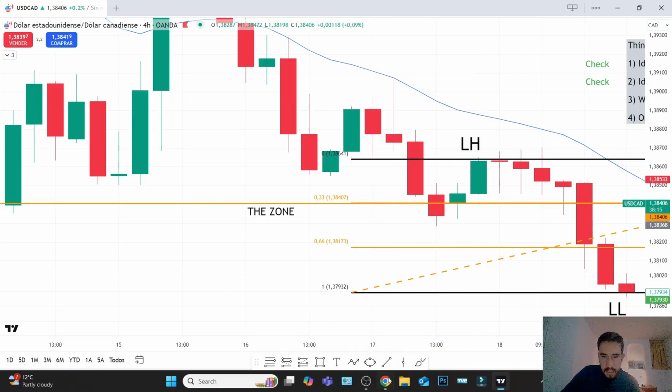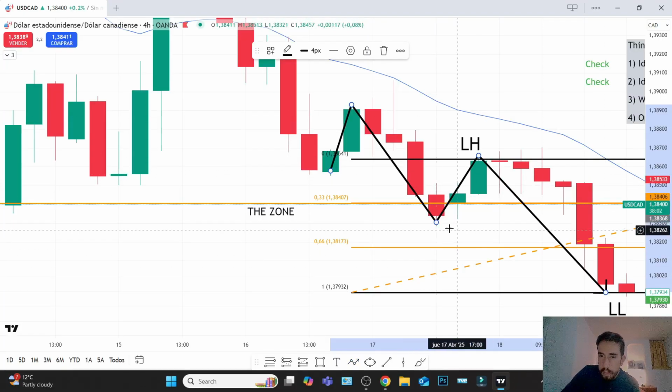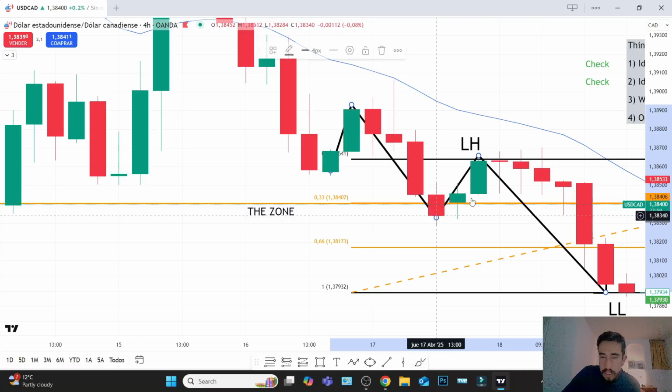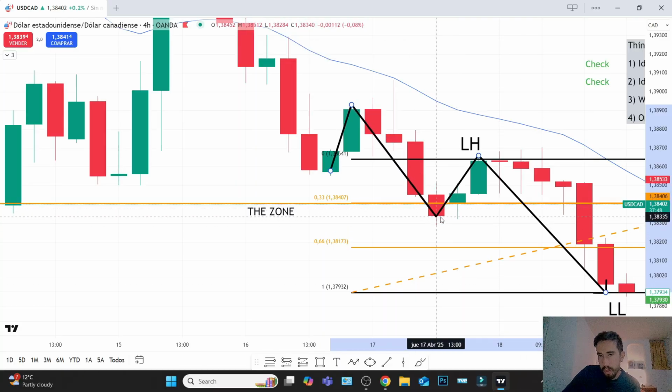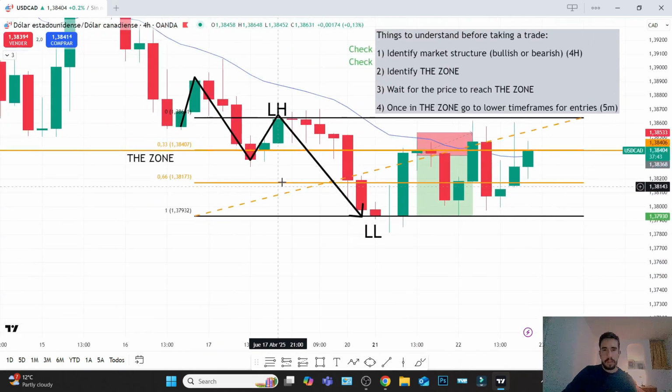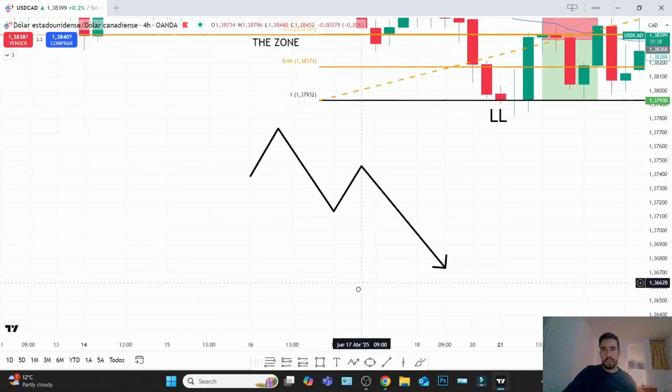If this is the lower low, lower high, lower low, lower high, lower low, normally the zone is gonna be in this area below the last point or the previous lower low. So if I move this here to explain, this is just an example.